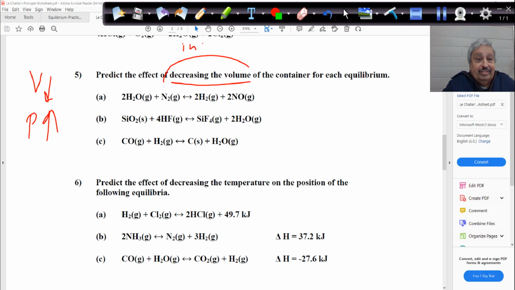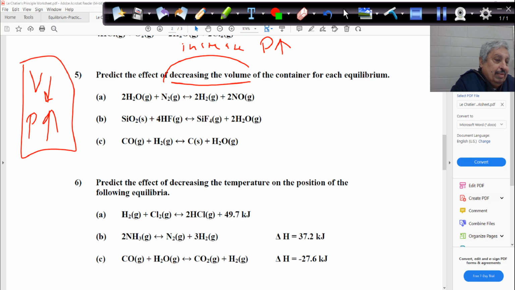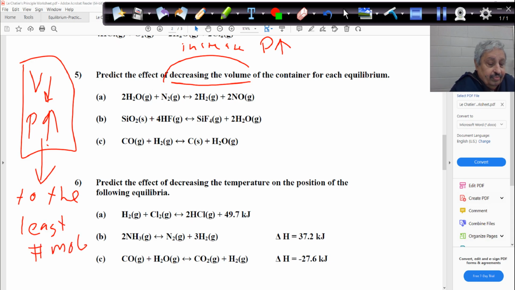Means you increase the pressure. The pressure will go up. So if the pressure is going up, always remember, the pressure is very important. Pressure is going up means it goes to the what? To the least number of moles.